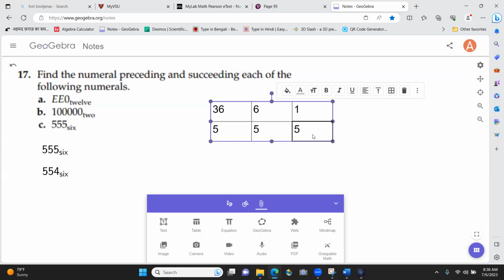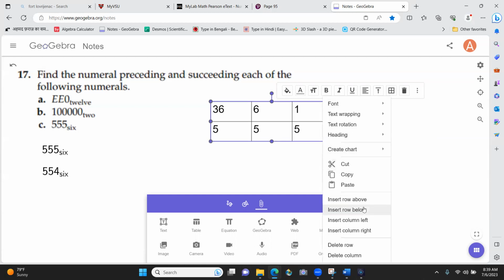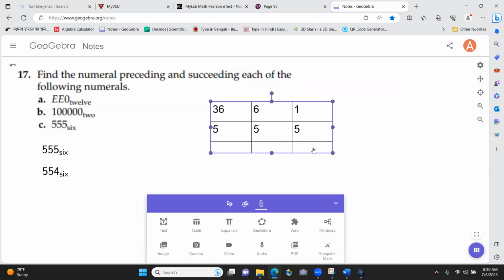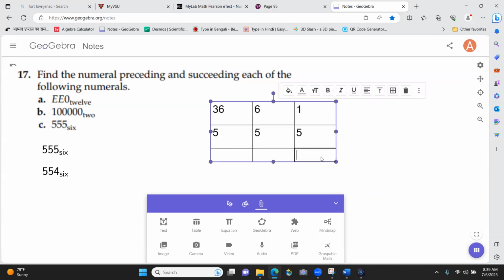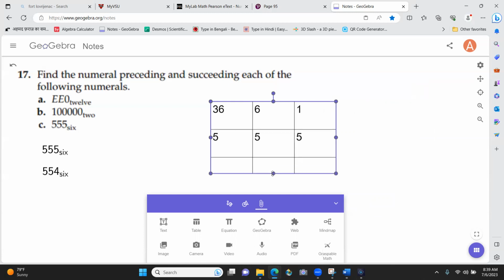Now 5, 5, 5. All right. If you're going to add one more cube, these 5 loose ones will be 6. Actually, guys, what I'm going to do, I'm going to show you all the steps. So I will have 6 here. I'll have 6 here.